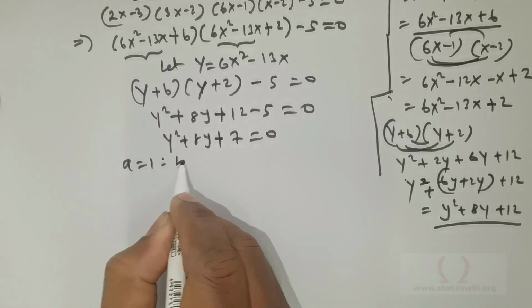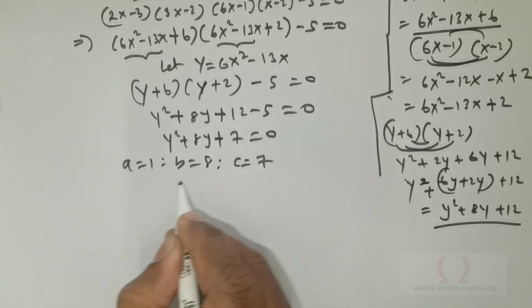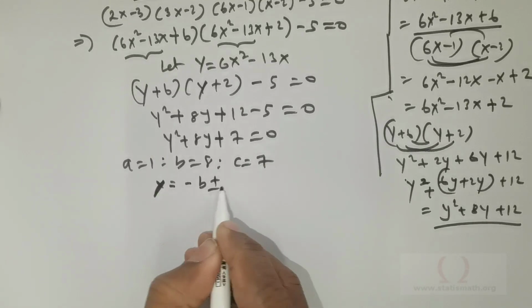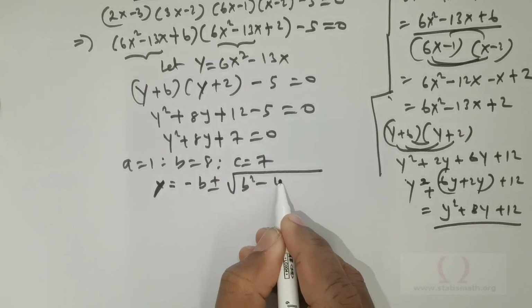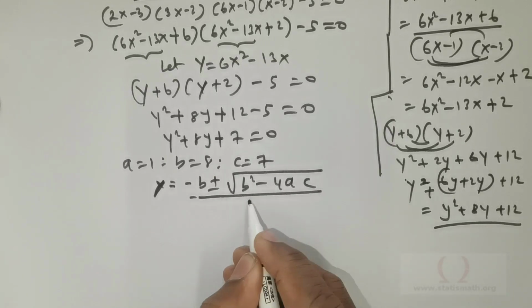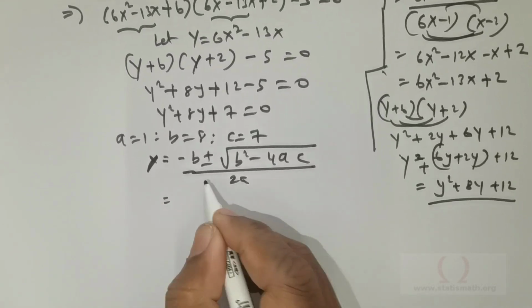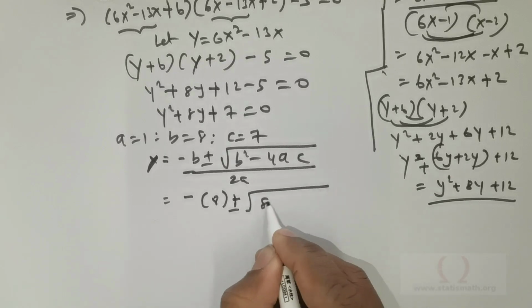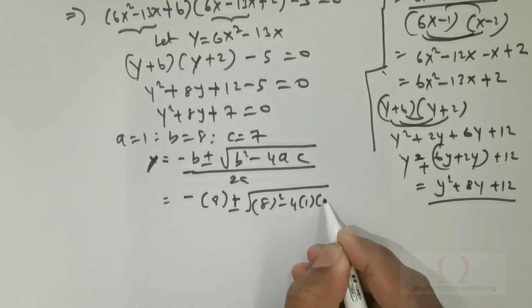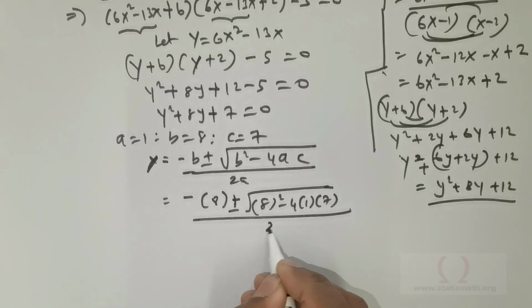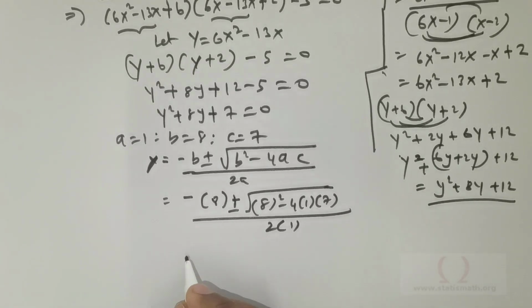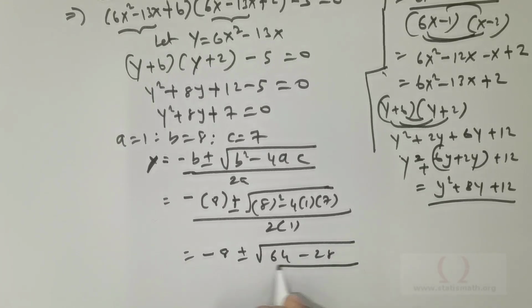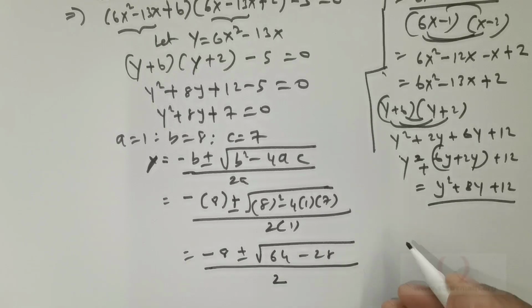I take a equal to 1, b equal to 8, c equal to 7. Use the formula. In this case, y is equal to negative b plus or minus root of b² − 4ac divided by 2a, which is going to be negative 8 plus or minus root of 8² − 4 times 1 times 7 divided by 2 times 1. This is negative 8 plus or minus root of 64 − 28 divided by 2.